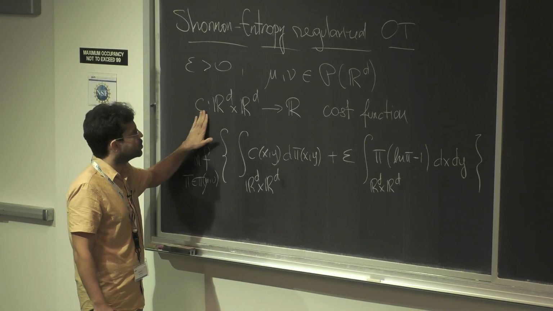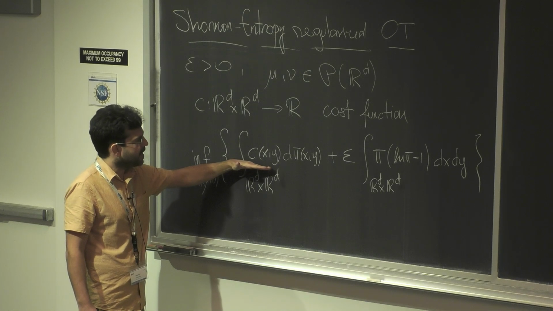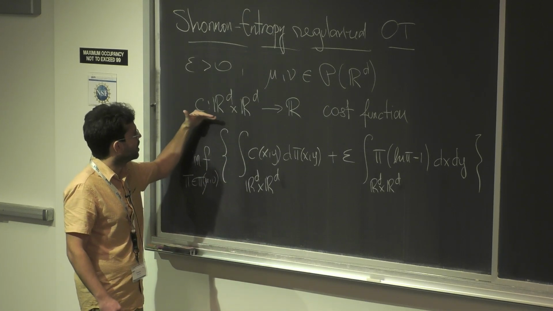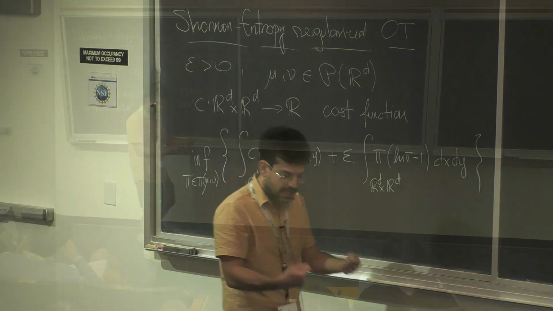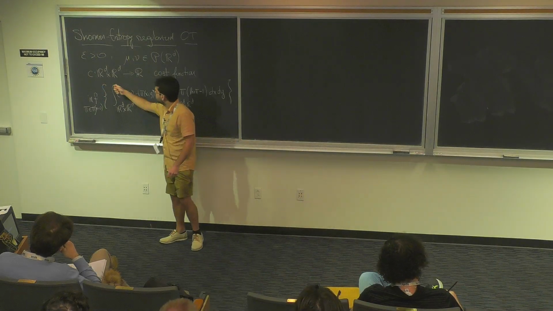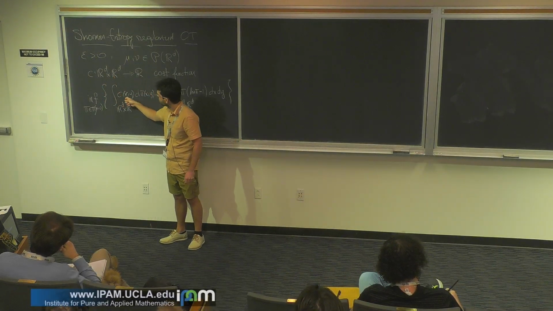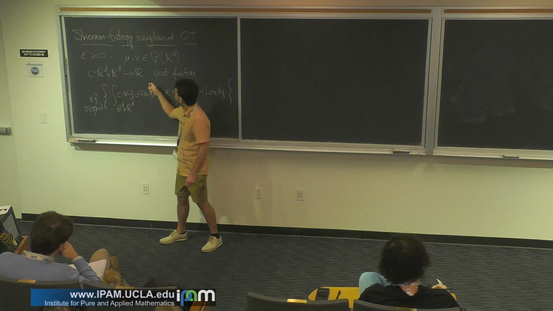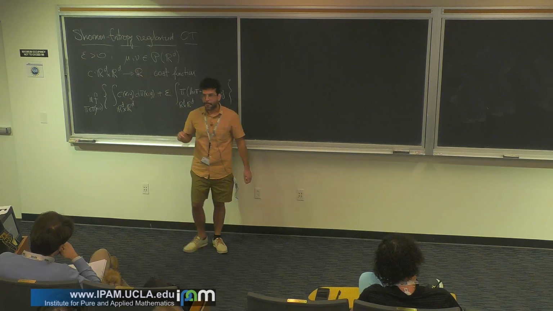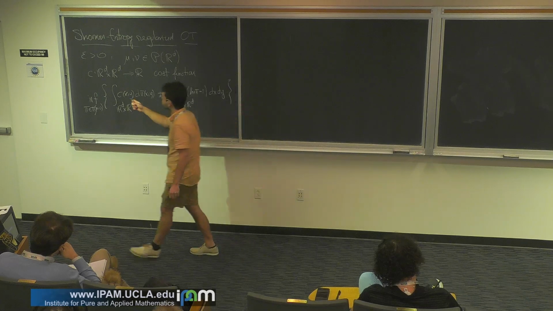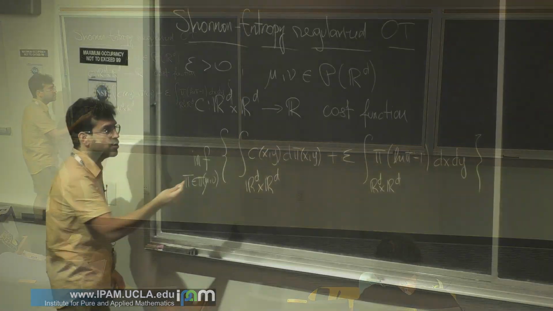I'm gonna keep the cost in a very general way, because sometimes we wanna think about C as a distance, a distance in Euclidean space, in such a way that I can have a distance in the space of probability distributions, but sometimes C describes, for example, the interaction between particles.